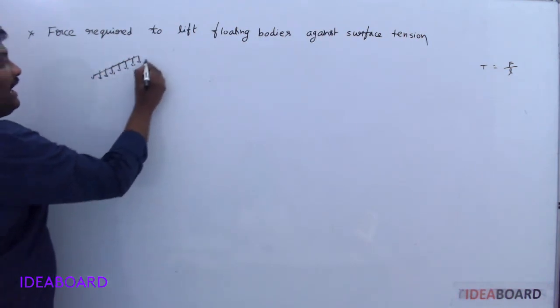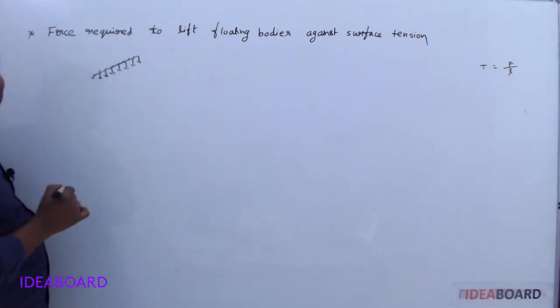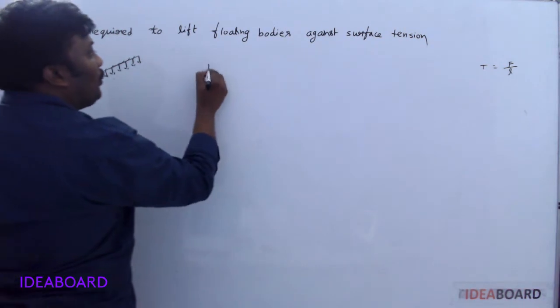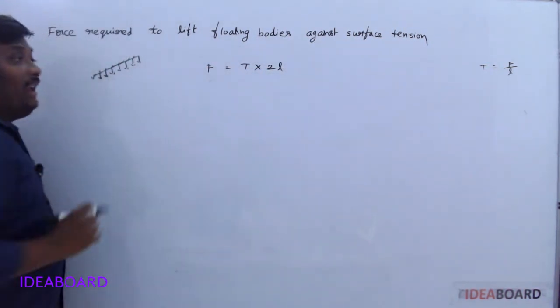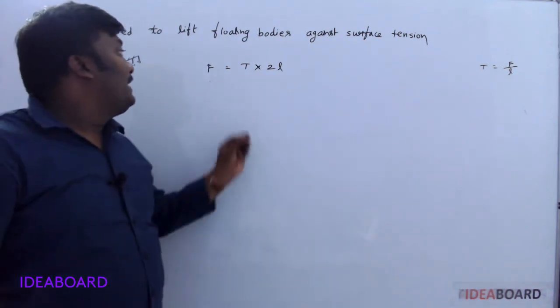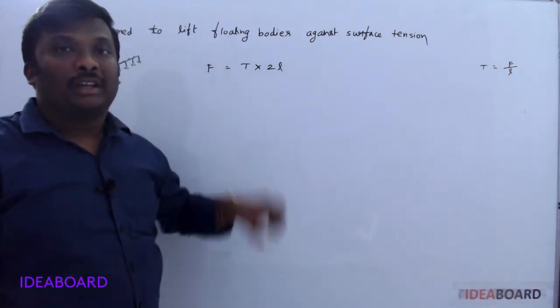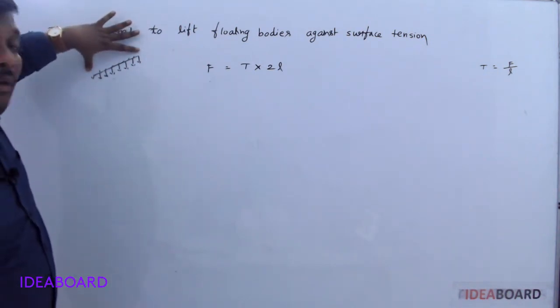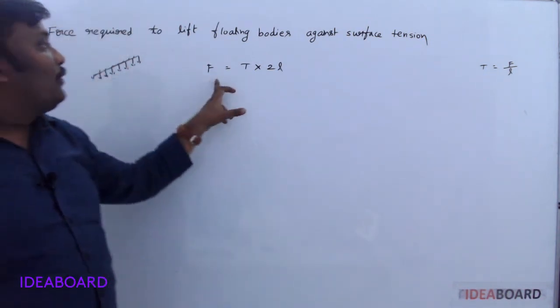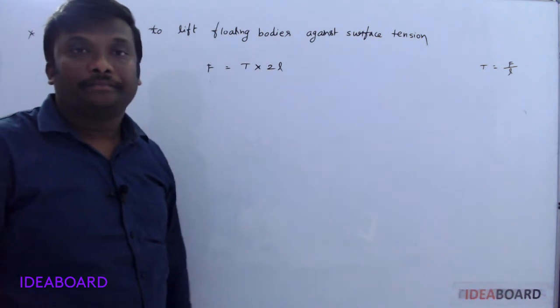So this is L and this is also L. L plus L, total 2L. So the force acting on this needle is T into 2L. In order to lift this thin wire or needle, the force required is T into 2L.